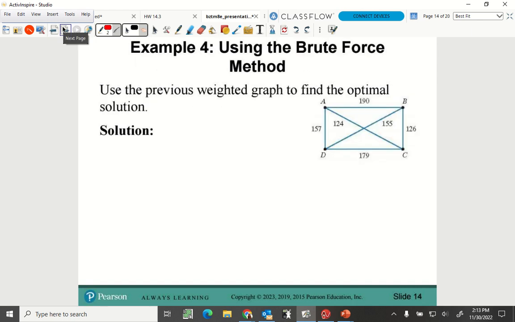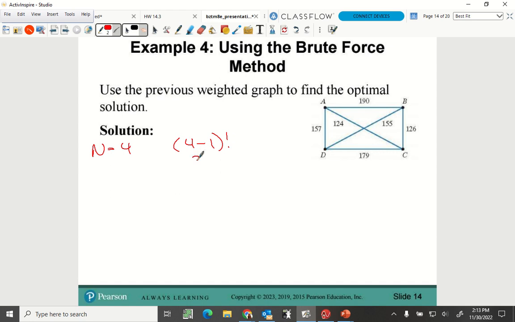How many vertices are here? There's 4 vertices. So my n value is equal to 4. That means to figure out how many I would have, I would go (n minus 1) factorial. 4 minus 1 is 3, right?